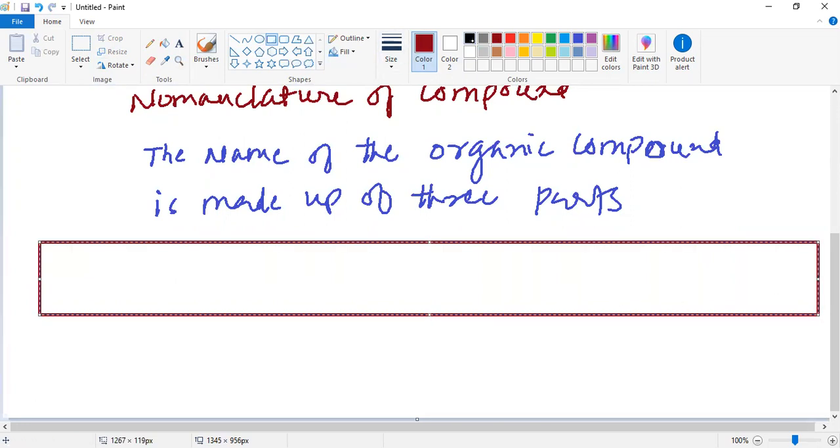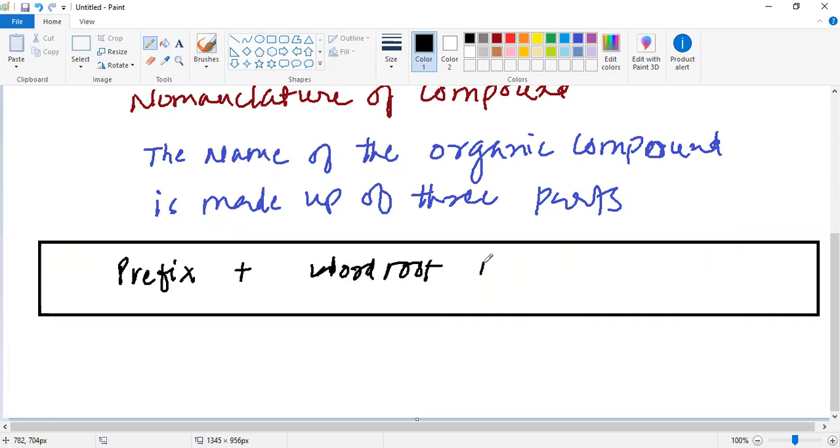These three parts are the prefixes plus word root plus suffix.